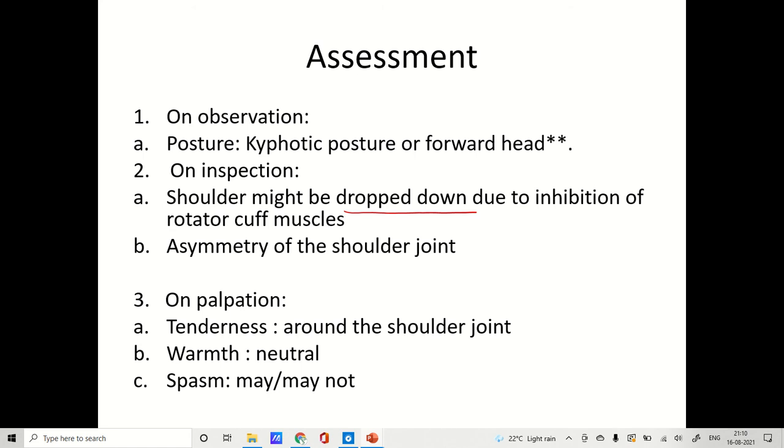The patient doesn't usually turn up in that condition. Spasm may or may not be present. Usually a spasm of the upper trapezius is seen because if the rotator cuff undergoes weakness and dysfunction, definitely the deeper muscles are going to get contracted in order to reduce the instability, thus leading to overactivity of the deltoid and the upper trapezius.